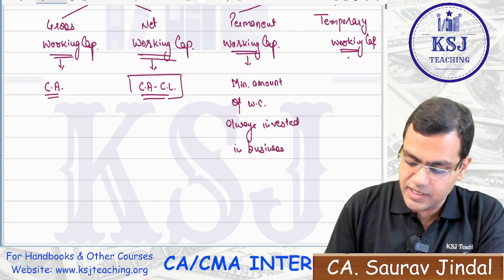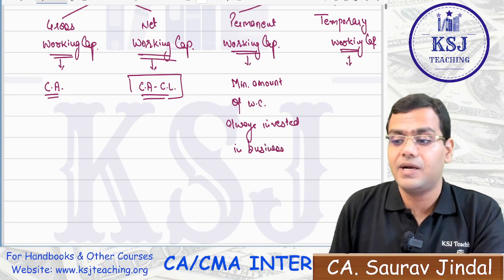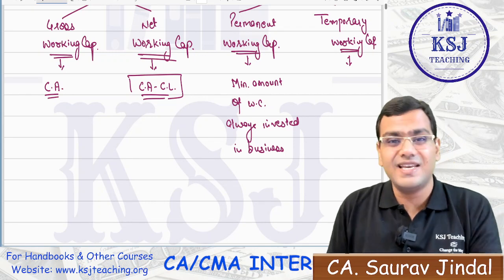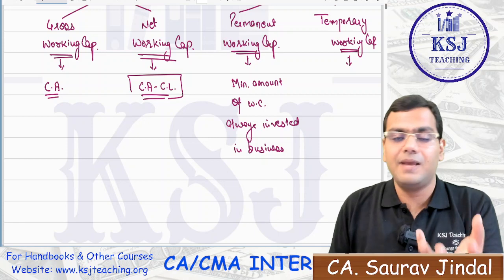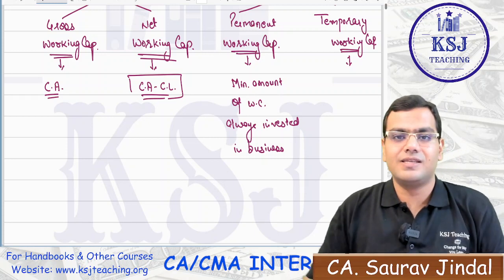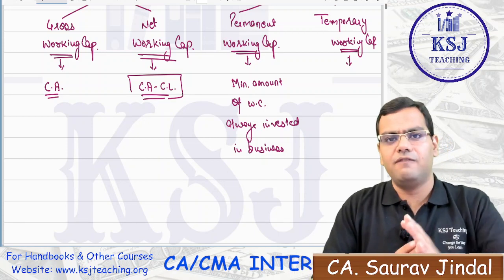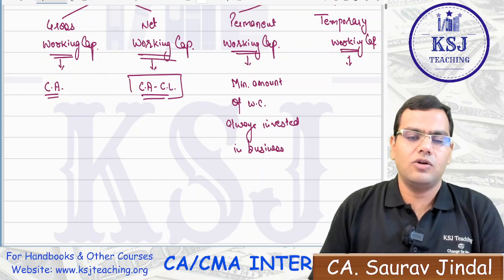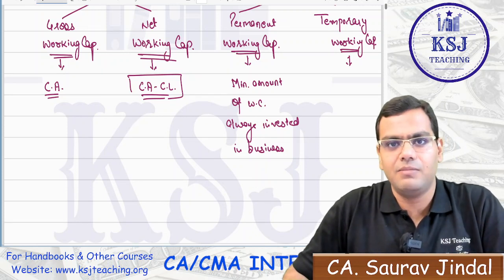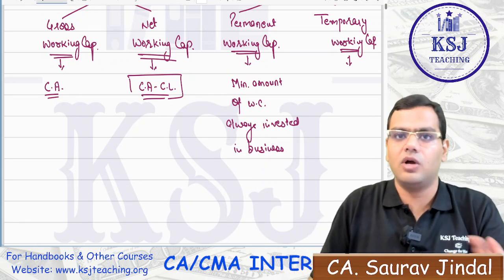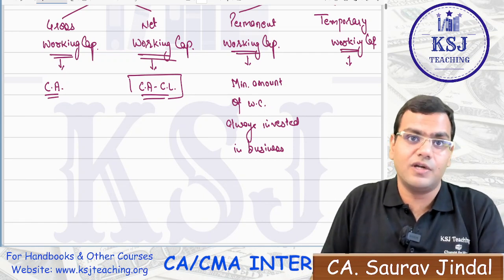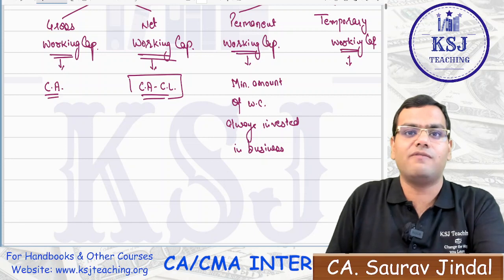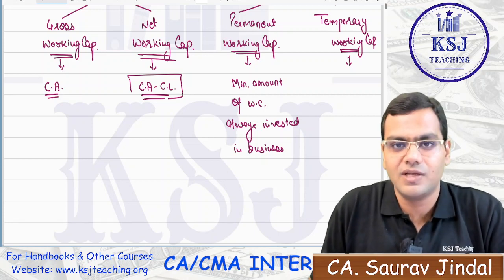Right? So what is temporary working capital? The temporary working capital is when you are raising or getting working capital for a temporary period, right? There is a sudden requirement. For example, normally you get 10,000 pocket money every month, right? That is the minimum amount that you always have. But during your birthday month, because you want to give a party to your friends, you get an extra 5,000 as pocket money from your father. Isn't it?